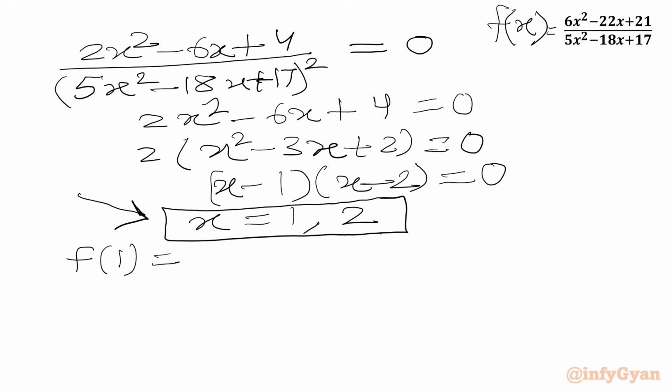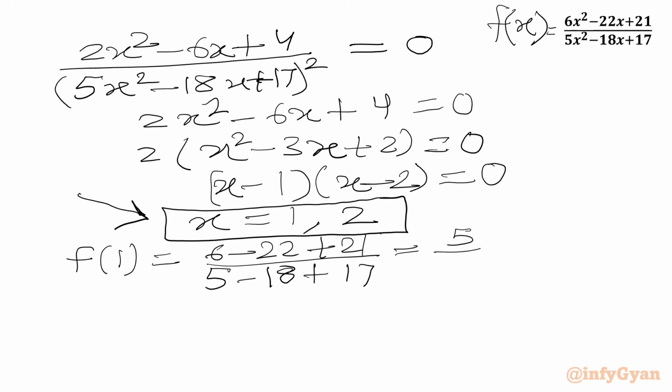So we will get (6 minus 22 plus 21) over (5 minus 18 plus 17). So 21 plus 6 is 27, minus 22 is 5, and in the denominator 22 minus 18 is 4, which is greater than 1. Now we will calculate f of 2 also.